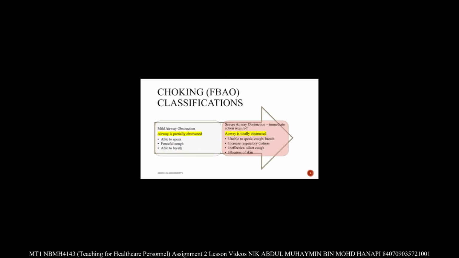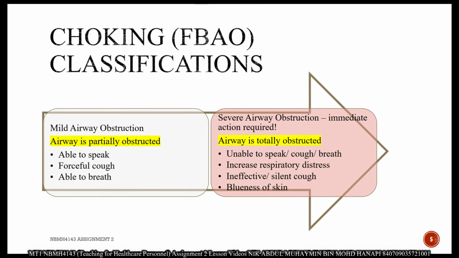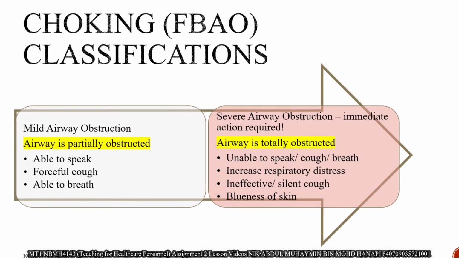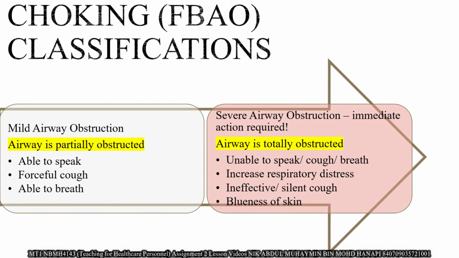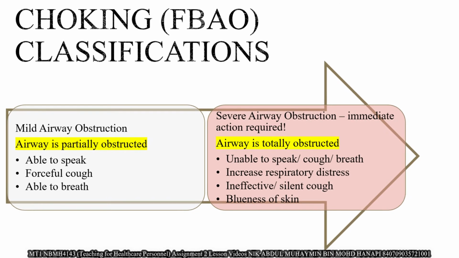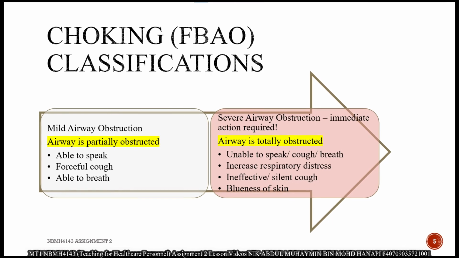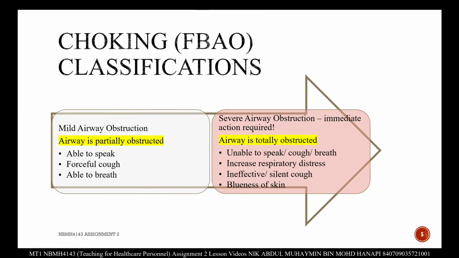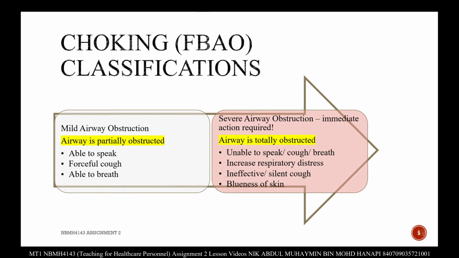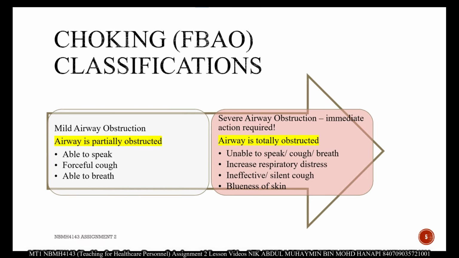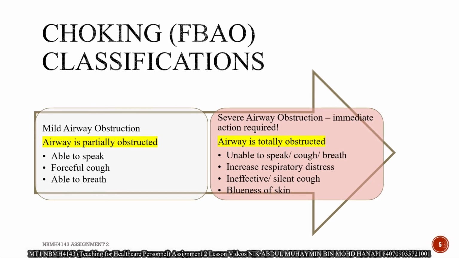As I mentioned earlier, there are two classifications of foreign body obstruction in an adult conscious choking victim. For mild airway obstruction, the airway is partially obstructed and not fully blocked, so the victim may still be able to speak and have a forceful cough that is very effective in expelling the foreign body.